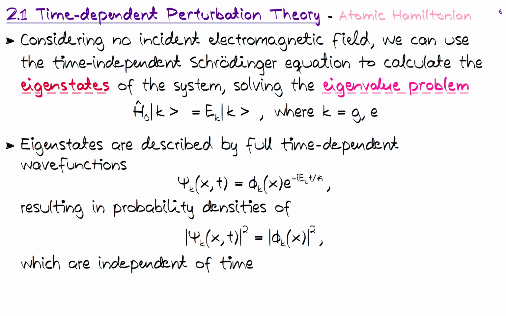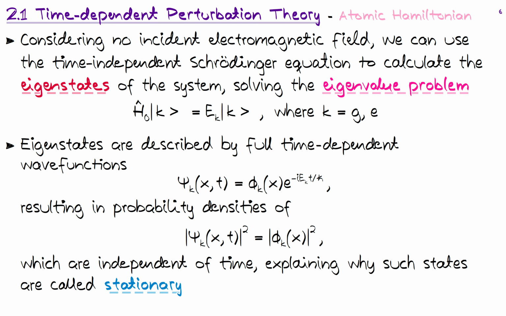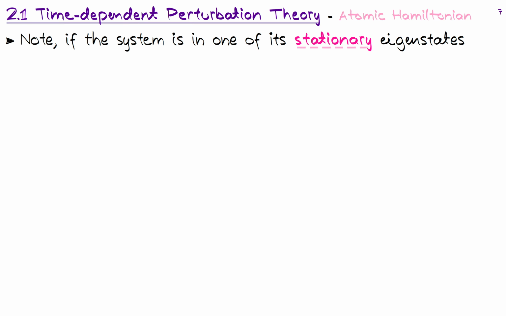And we see that this is independent of time, which also explains why these states are sometimes called stationary. Nothing much happens in terms of the dynamics when we are only considering the atomic Hamiltonian and solving the Schrödinger equation. Note for the mathematics: if the system is in one of these stationary eigenstates, this equality holds. If you look at the time change of any expectation value, where A can be any operator, this is equal to 0.